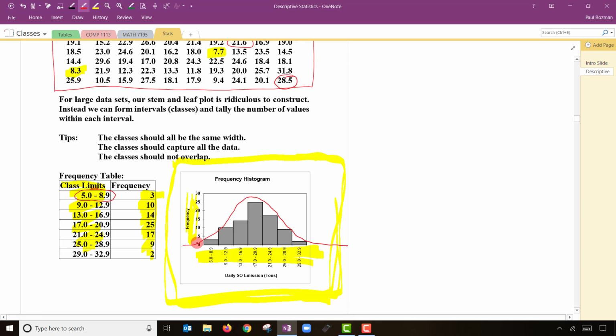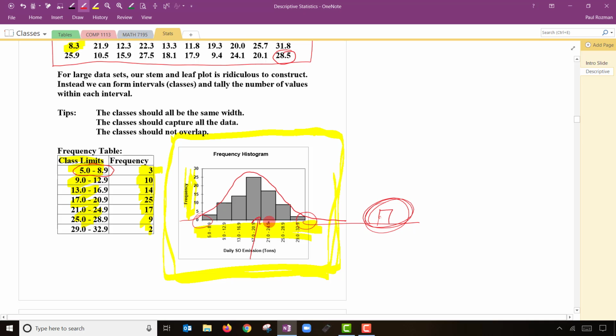So yeah, we get to see the shape from this. We can quickly spot where the middle is, and we can see if there are any obvious strange values. Like, had there been a bar way up here, that'd be unusual, and we could identify these, and maybe there are problems in some way. We also can see the last attribute of this chart, which is how spread out values are.